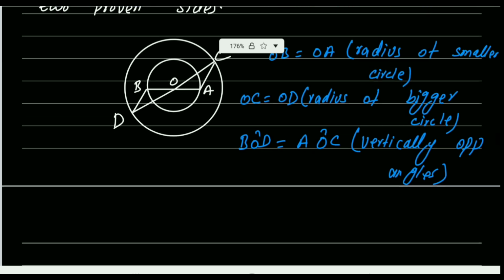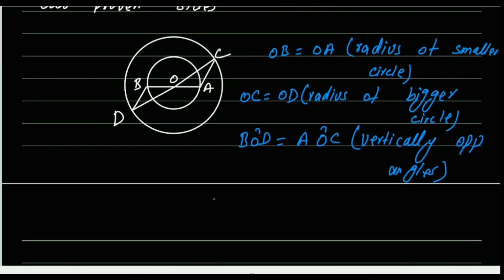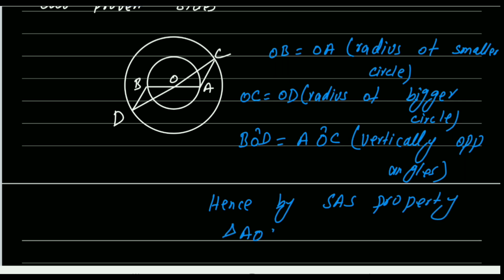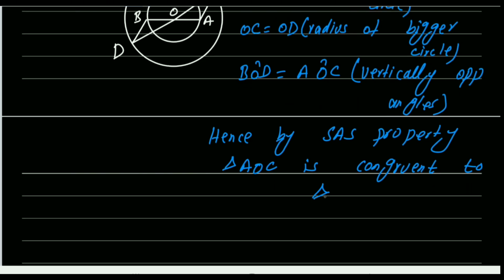So we can say that hence by SAS property, triangle AOC is congruent to triangle BOD. So this is the way we can use this property to prove two congruent triangles.